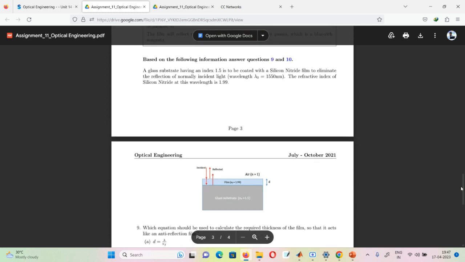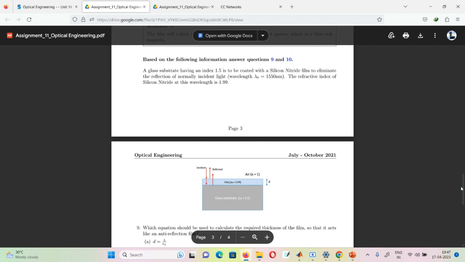So if you are going to coat with silicon nitride, you don't have any option of choosing a refractive index, because if you decided the material, it will have a specific refractive index.